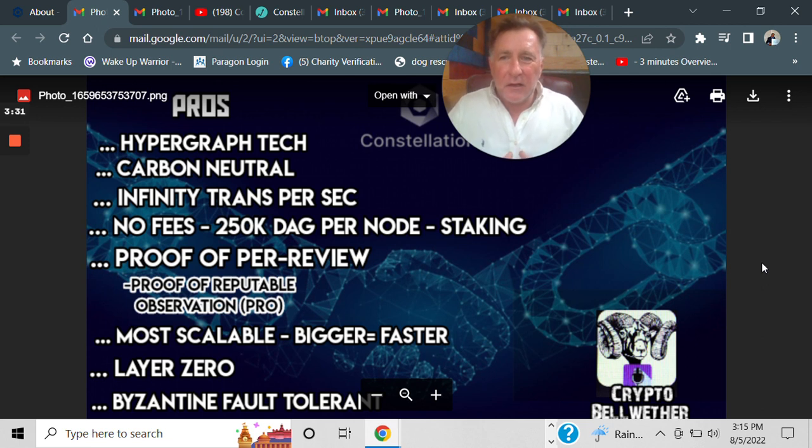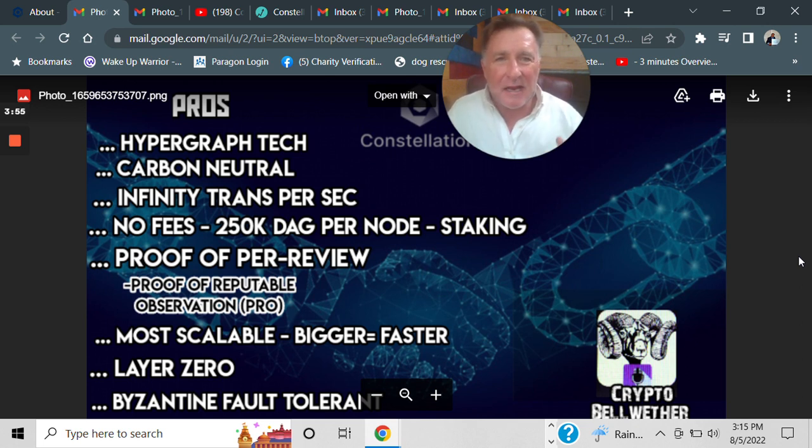Now, they use what they call proof of peer review. The technical name is proof of repeatable observation, PRO. They claim that this is the most scalable blockchain out there. It's bigger and it's faster.